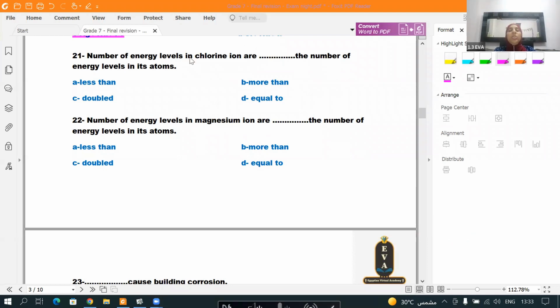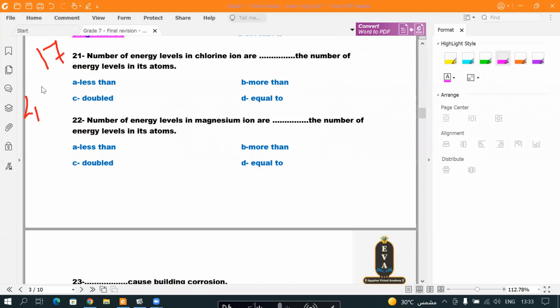Okay, Shafi, do you know the electronic distribution for chlorine, or the atomic number for chlorine? It's 17. Okay, so distribute 17. It will be 2, 8, 7.